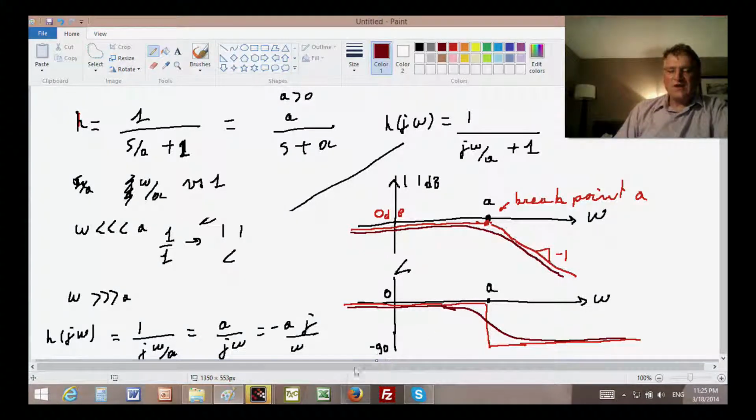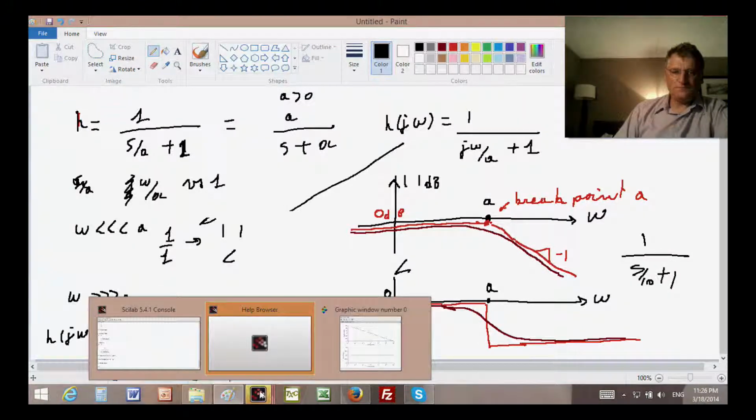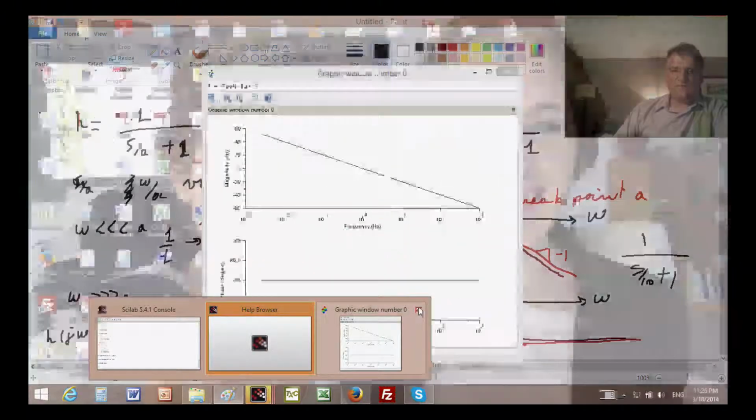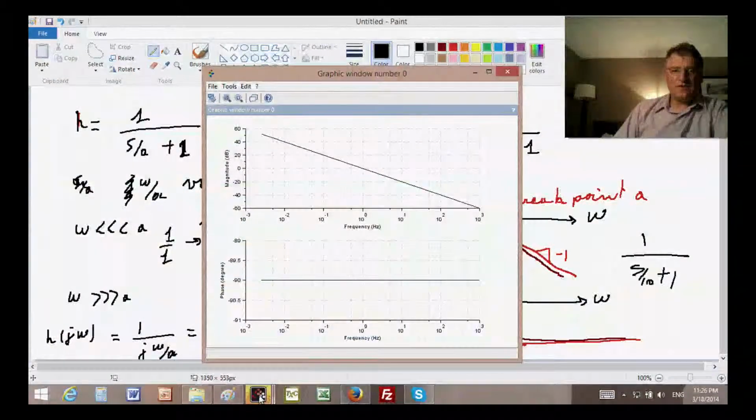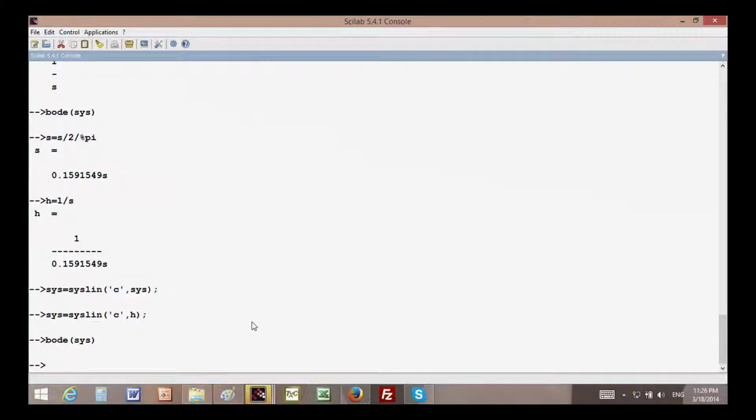Now let's see that in a Bode plot for an actual system. Let's pick as our system 1 divided by s over 10 plus 1, and let's see what the phase actually looks like. For that, first I erase my first thing, and then I redefine my system.